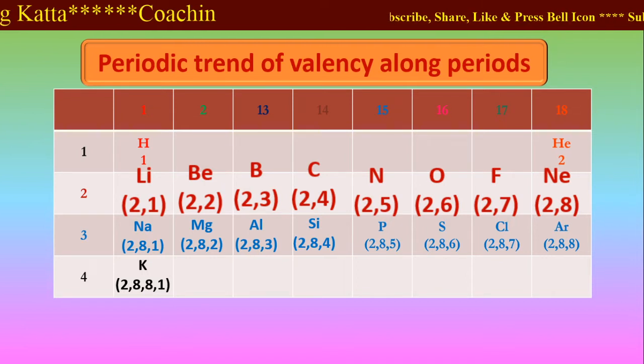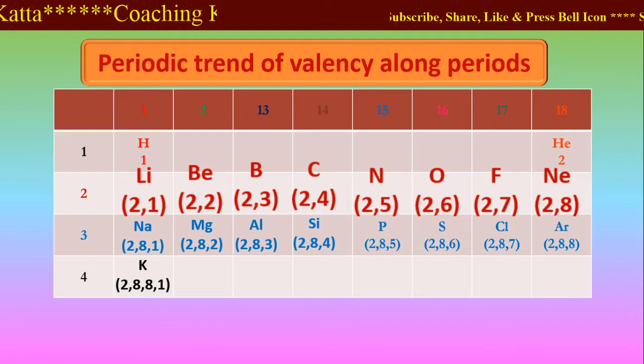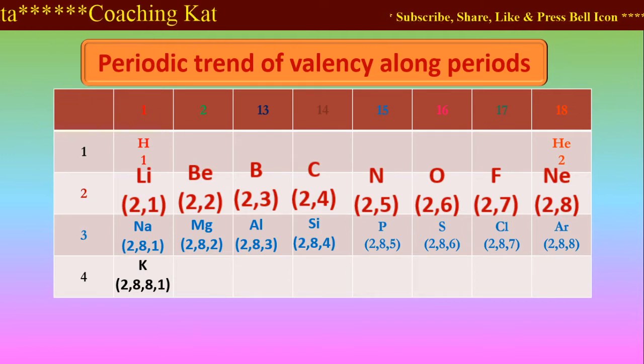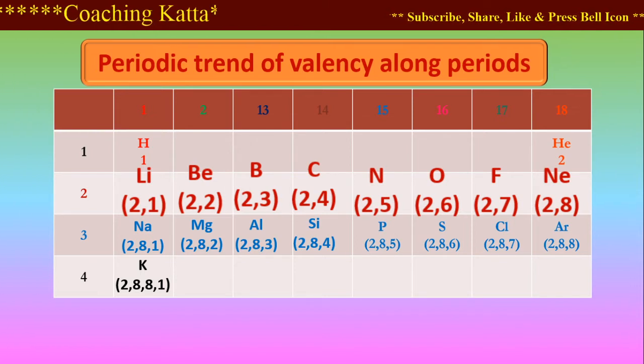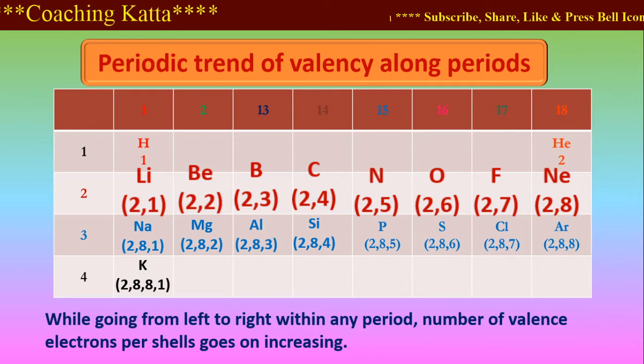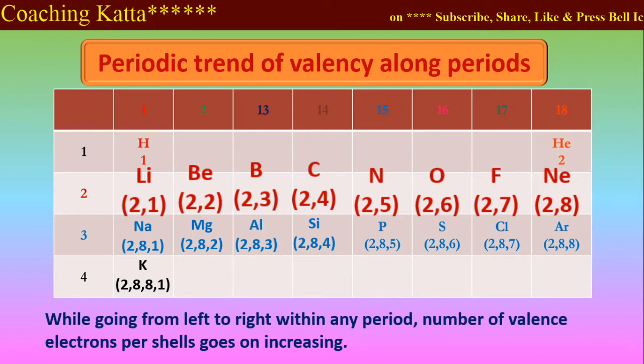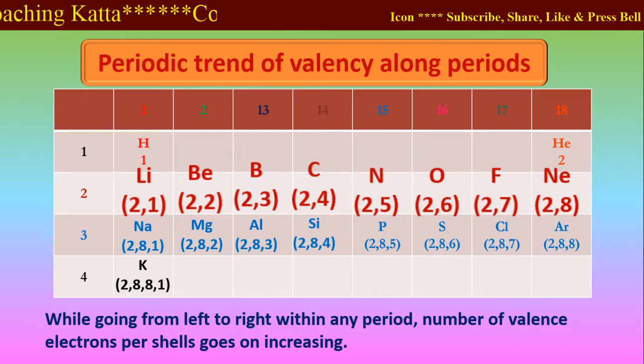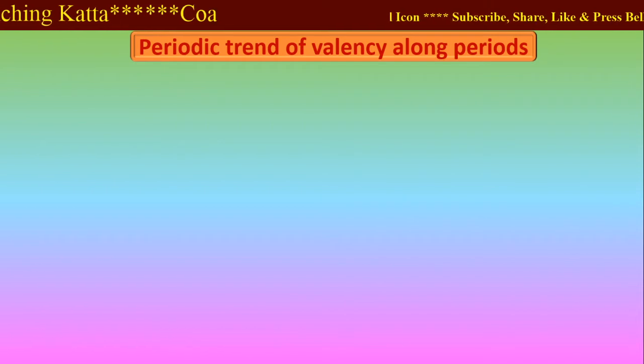That is, lithium has only one valence electron, beryllium has two valence electrons, boron has three valence electrons, and so on. Neon has 8 valence electrons. So, while going from left to right within any period, the number of valence electrons in the shell goes on increasing. Now, let us see the diagram here.